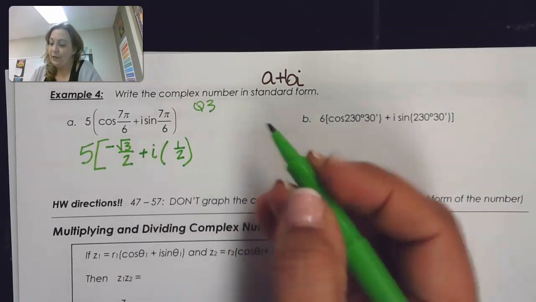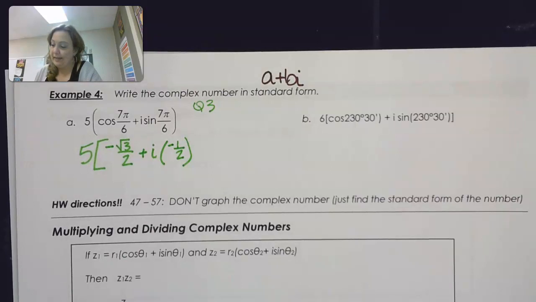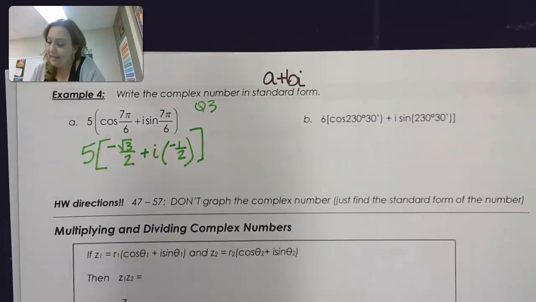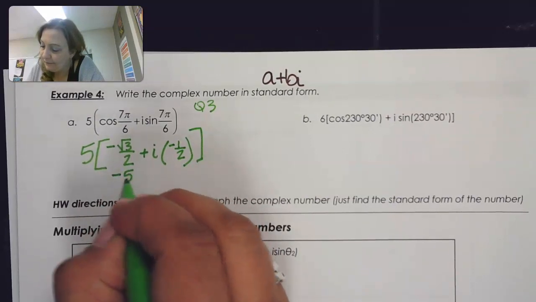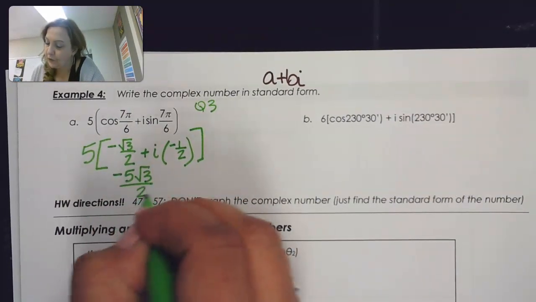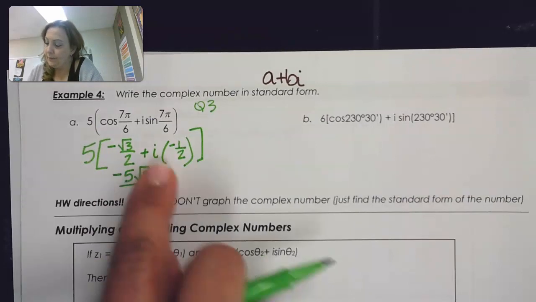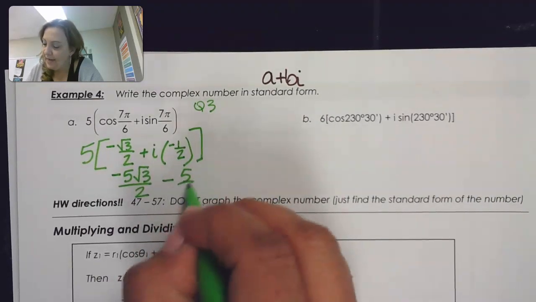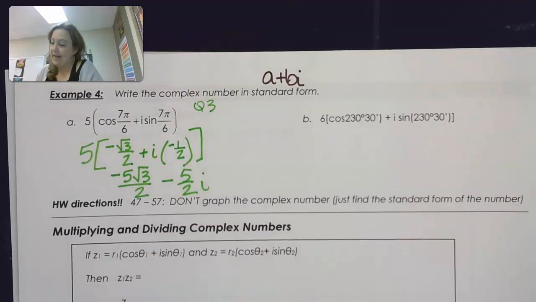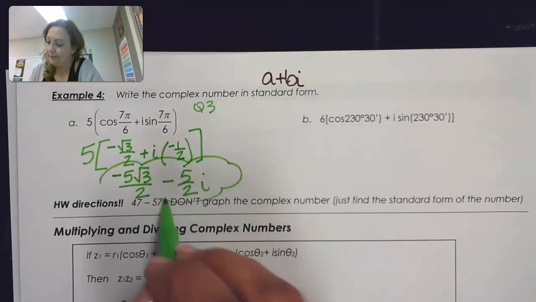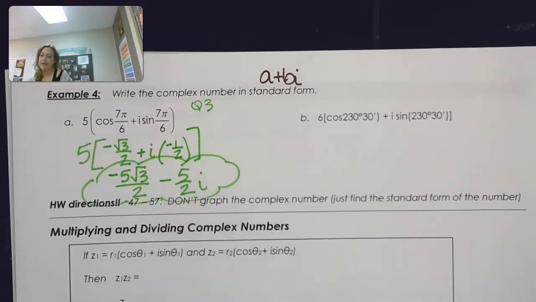And in quadrant 3, sine is also negative. So if I distribute that, that just gives me negative 5√3/2, and then minus 5/2 i. And that's it.